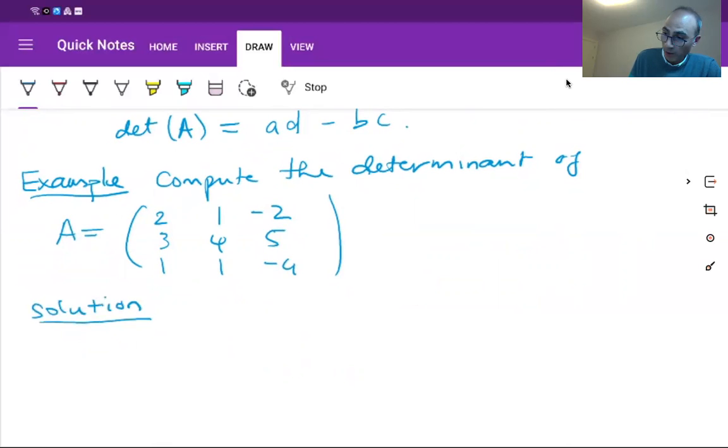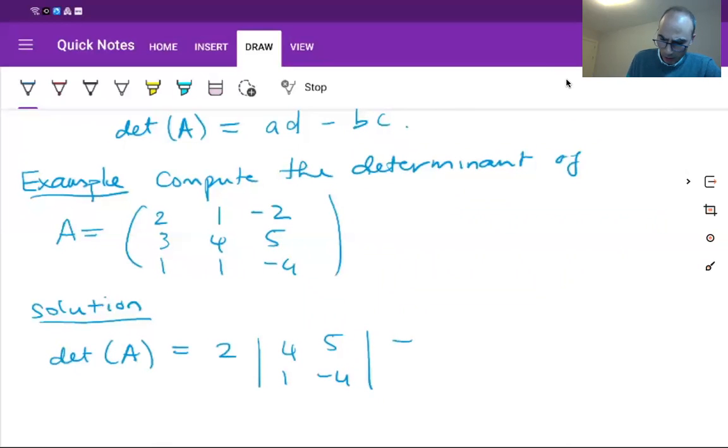Here we have the determinant of A. This is 2 times the determinant of this, minus 1 times the determinant of, so we delete the first row and the second column, so you get 3, 5, 1, minus 4, and you get plus minus 2 times, delete the first row and last column.